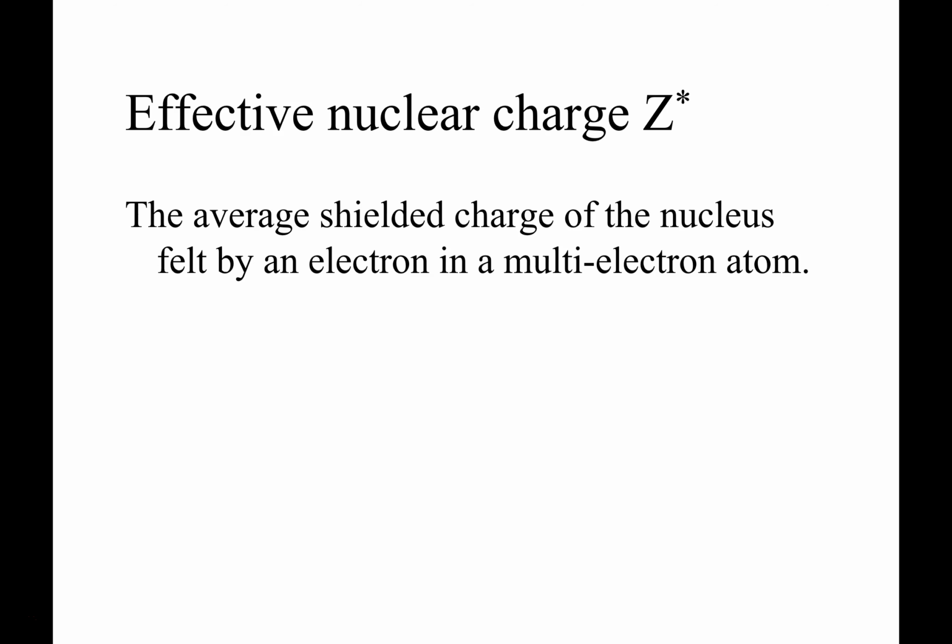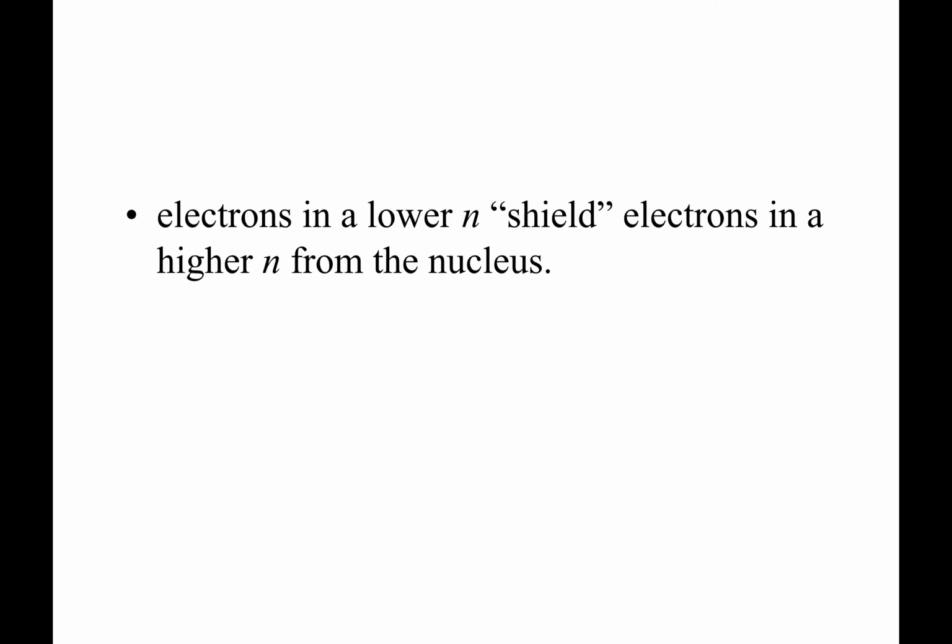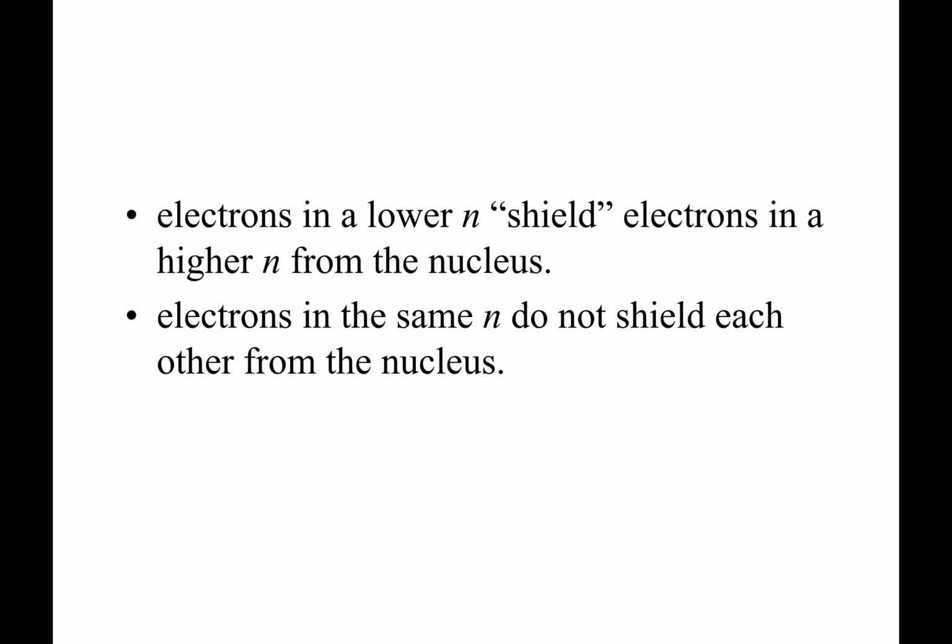Yes, your valence electrons can be in more than one subshell. To summarize, electrons in the lower n, the non-valence electrons, basically shield the valence electrons from the nucleus. And that's how you come up with that effective nuclear charge formula.